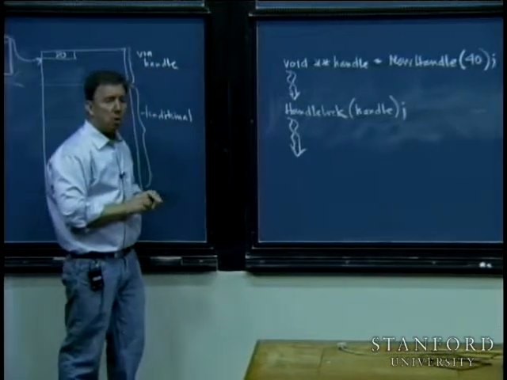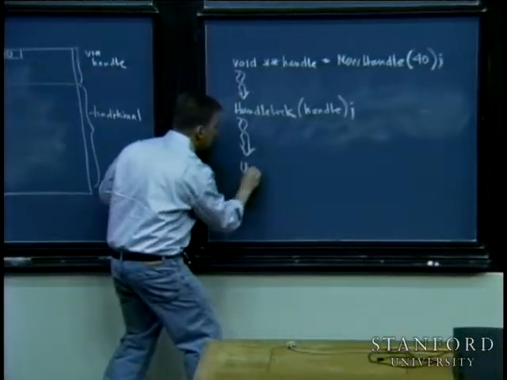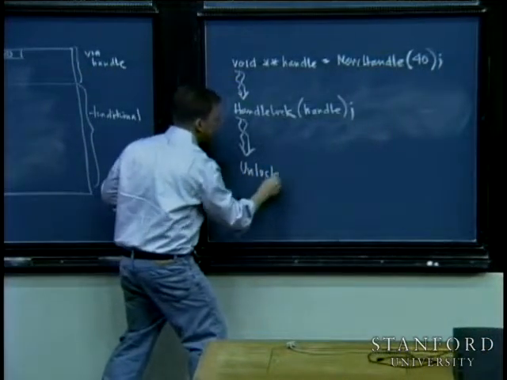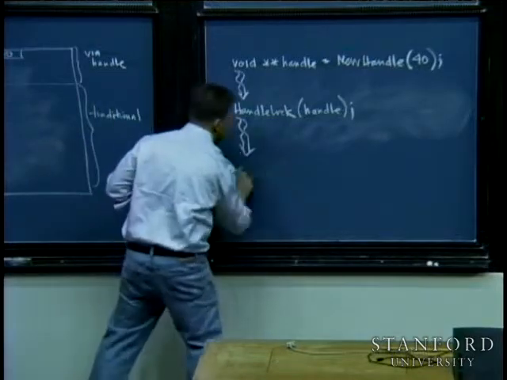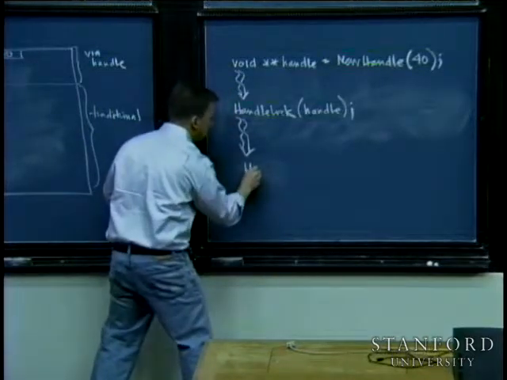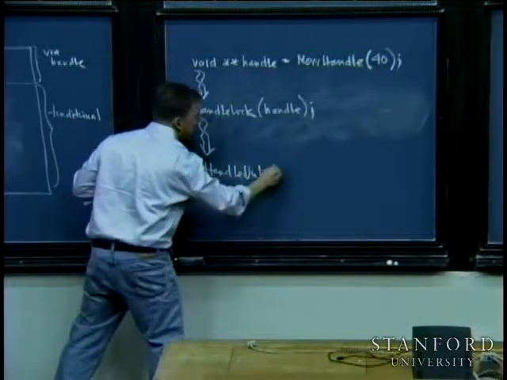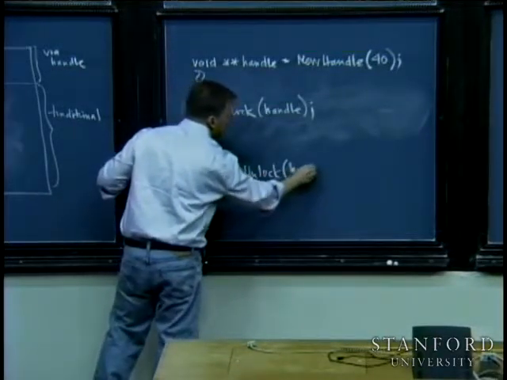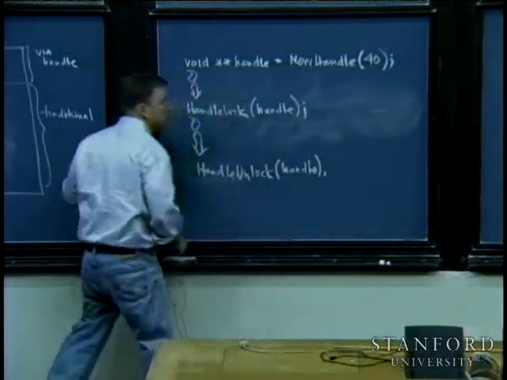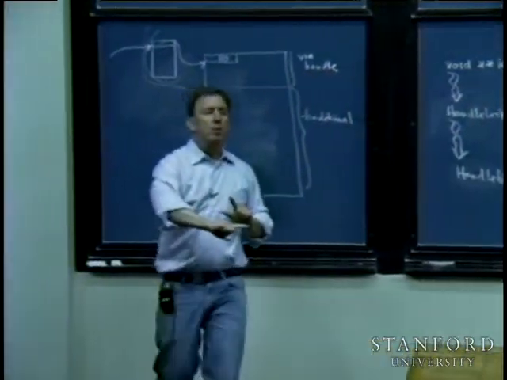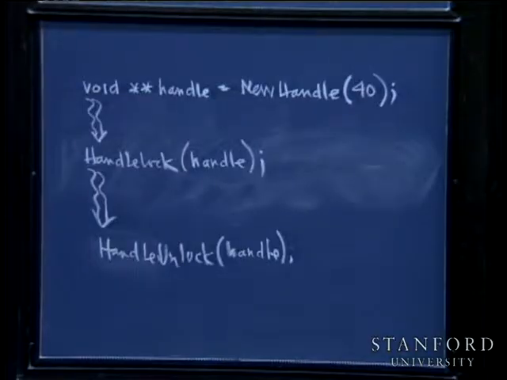And if you're a good programmer, when you're done, you unlock, you call HandleUnlock, so that flexibility has been restored for the heap manager to start moving things around, including the block that's addressed right there. Does that make sense?